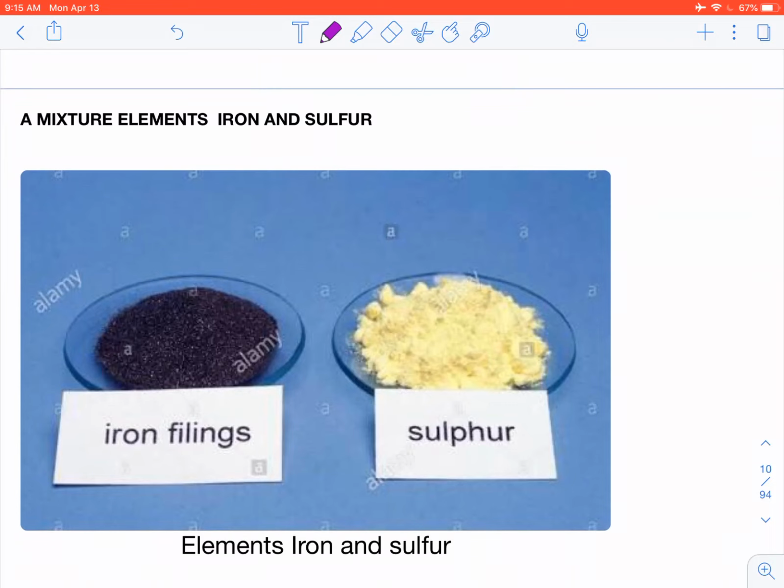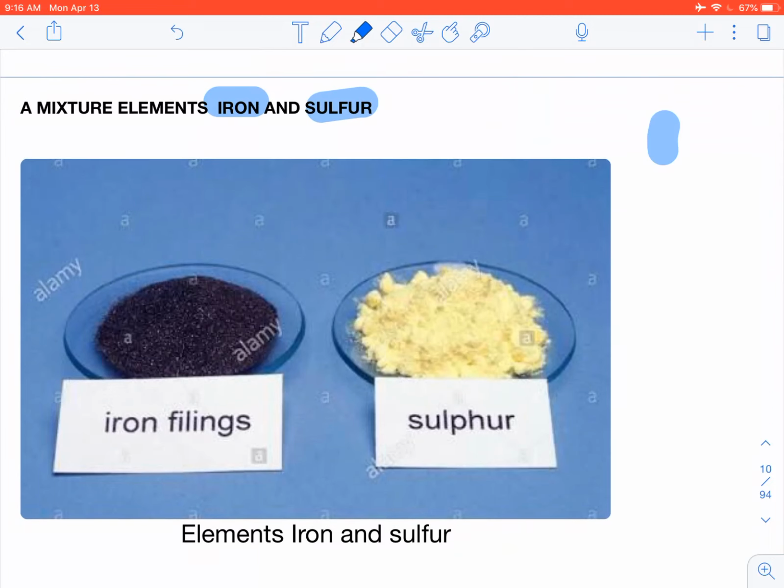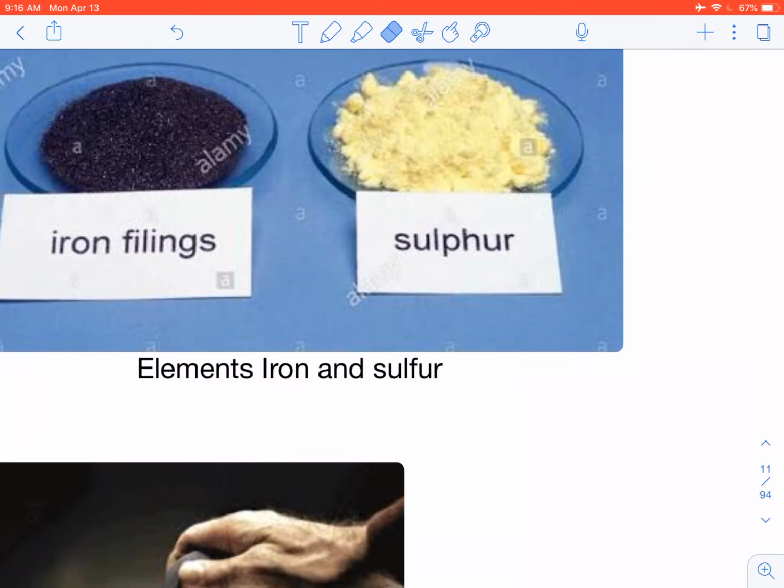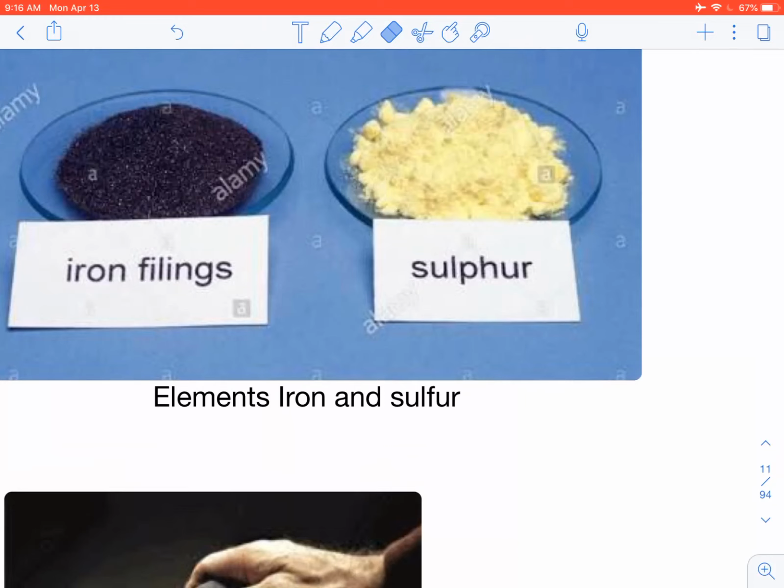Let's look at another physical change here, a mixture of elements, of iron and sulfur. Here we have the element iron and we have sulfur, and they are mixed, right? So iron has its own properties and sulfur has its own properties, right?